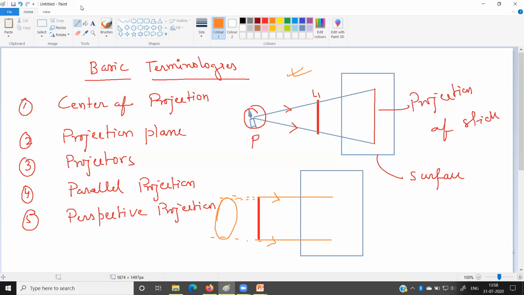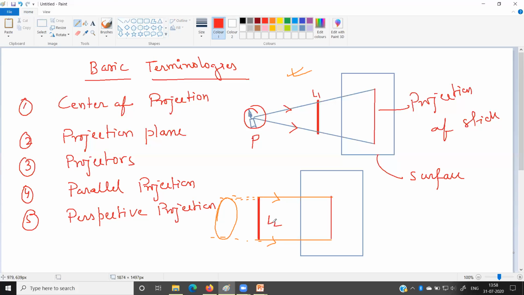And when they fall on the projection plane, it will create the image with the same length, same height. So in this example, here you can see this projection, the projection which is formed on this surface for this particular line, let us say this is line 2.